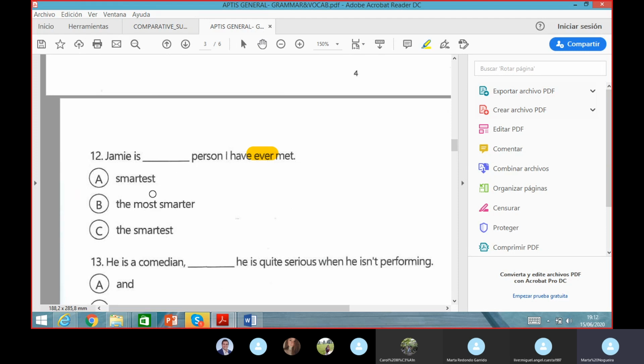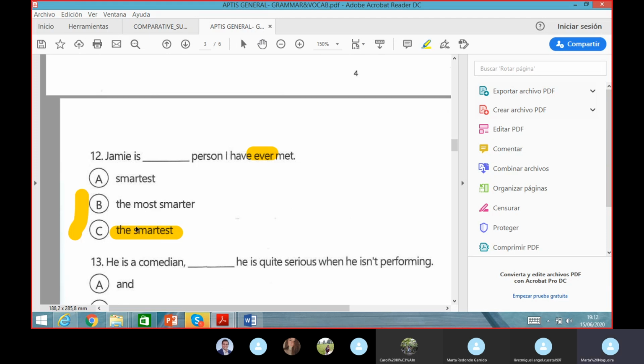Entonces, hemos dicho que si es superlativo tiene que tener un the. Ya estaría entre estas dos. Y luego smart, que es inteligente o elegante. Aquí me imagino que se refiere a inteligente. Añado EST, ¿vale? Entonces es the smartest. Este es el nivel, chicos. ¿Vale? Entonces, fijaos, en este examen cayó.